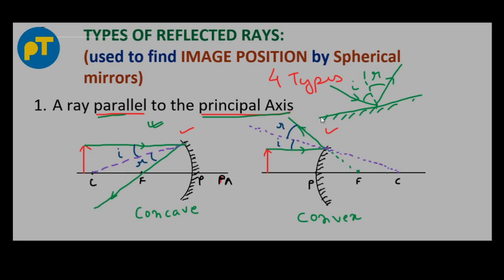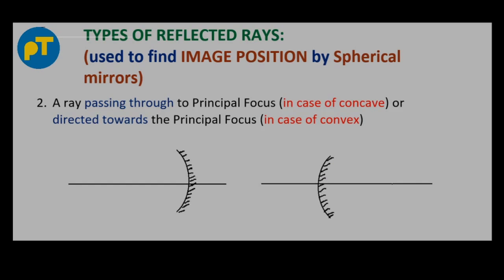Next, the second type is a ray passing through the principal focus in the case of concave, or directed towards the principal focus in the case of convex. Let's first take the case of concave.